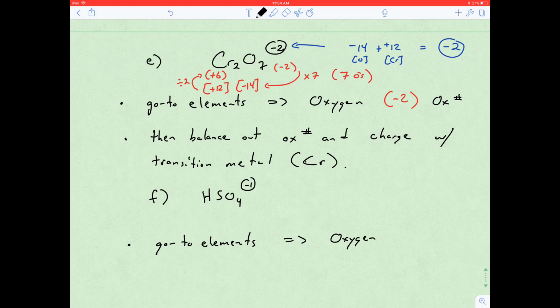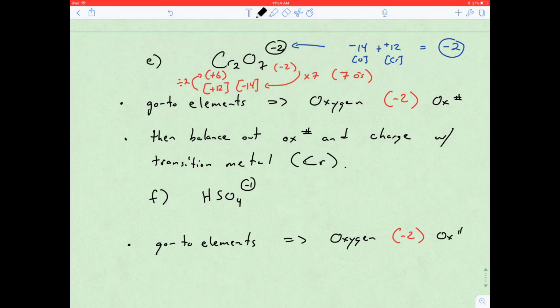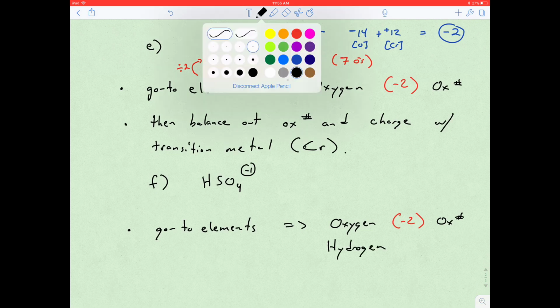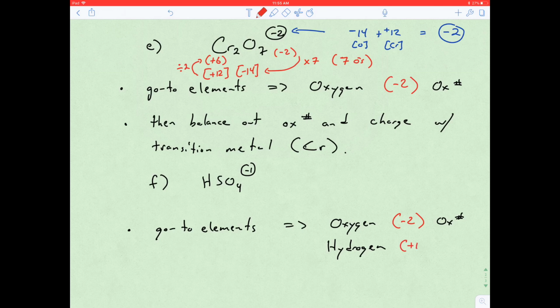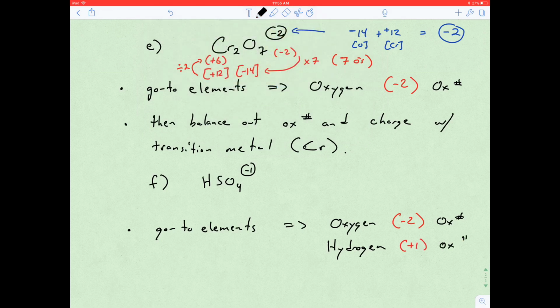Oxygen is a great one here, again with that -2 oxidation number that we always see. And another good one is hydrogen, being in group 1A, likes to have that +1 oxidation number.